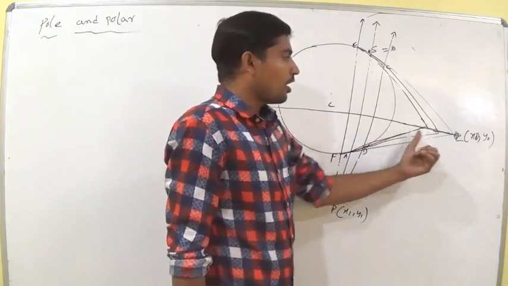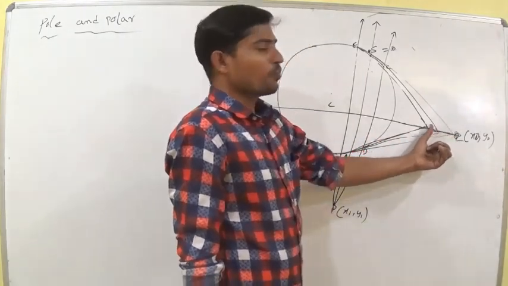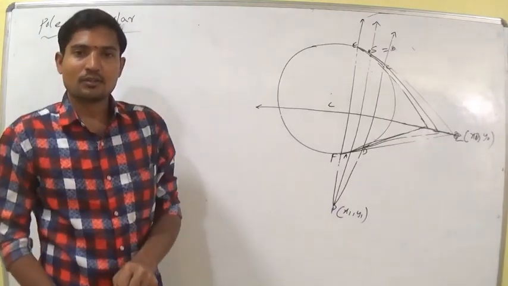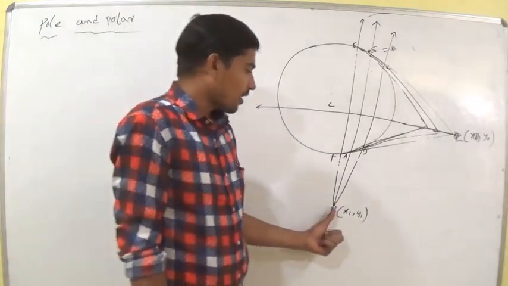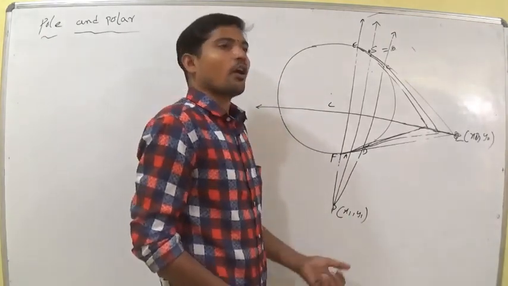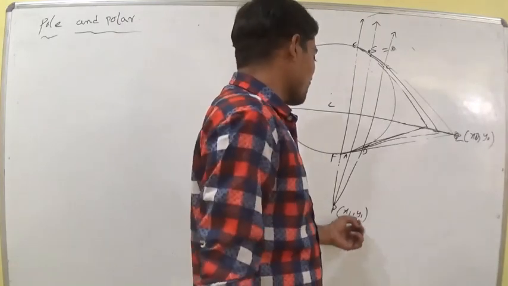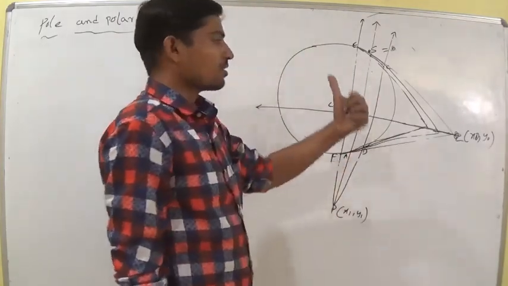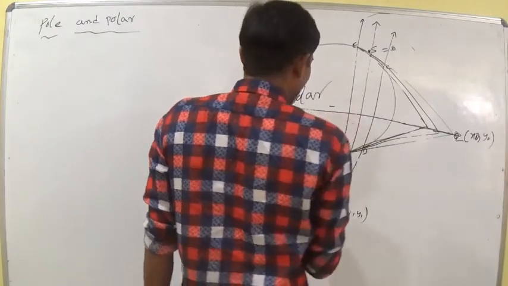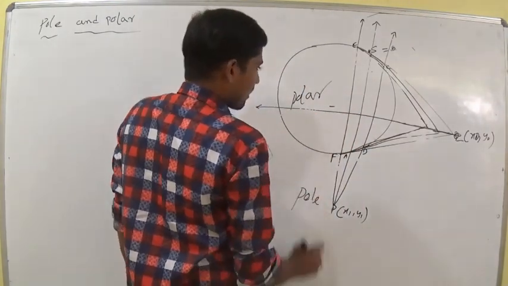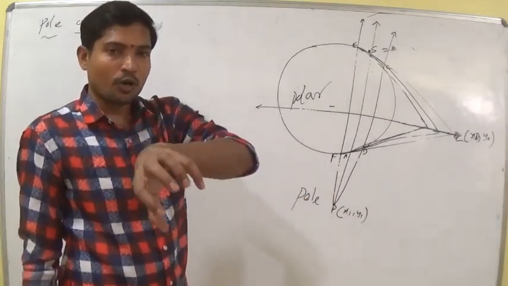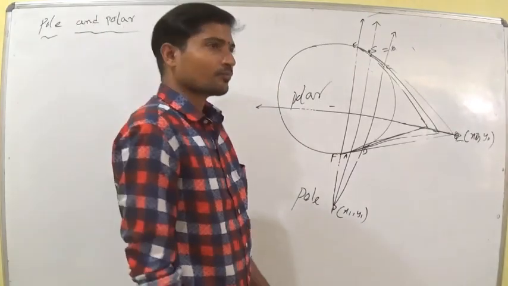The line drawn through the intersecting points of tangents is called the polar line, and the point you took with respect to it is called the pole. So this is the pole, this is the polar. Understand? P is a point, that is the pole, and this is the polar.